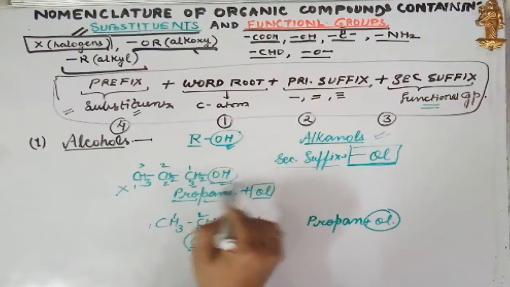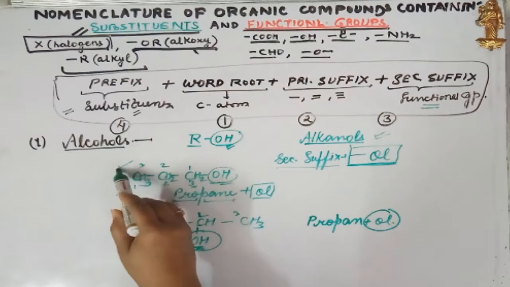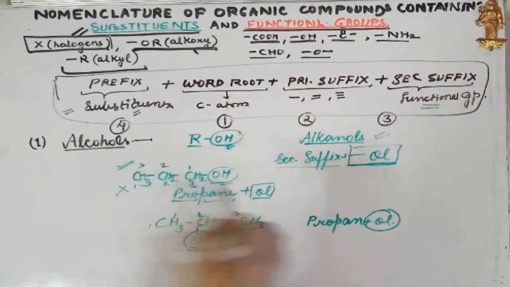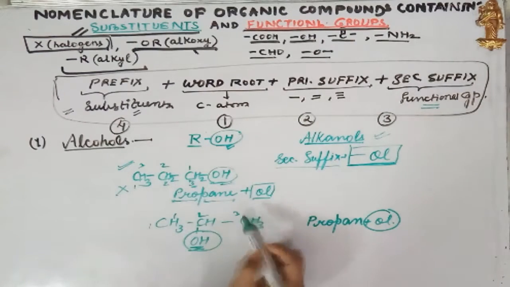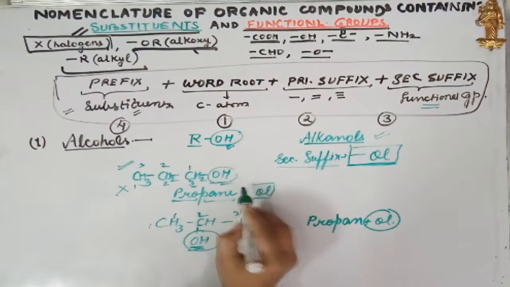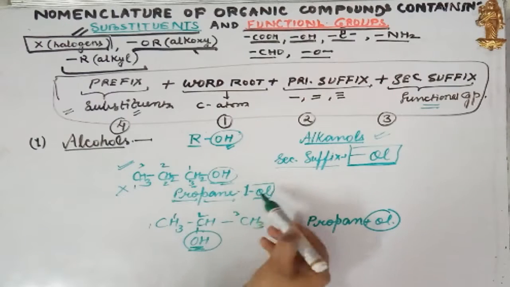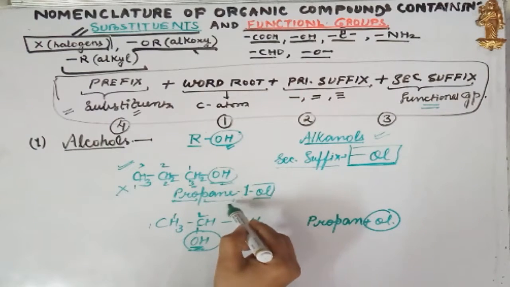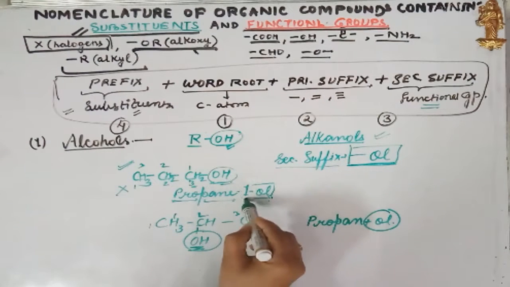So always give priority to the functional group. I will number the chain in the other pattern, and this OH will be on the first carbon, and that is why I will use 1 before the suffix of that particular functional group.